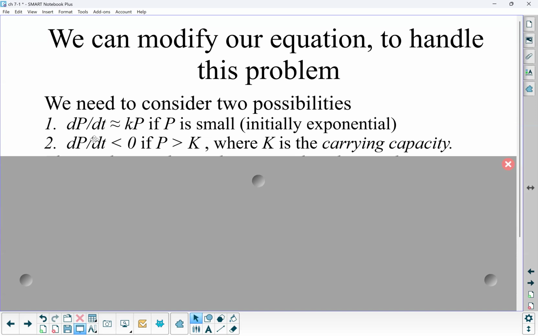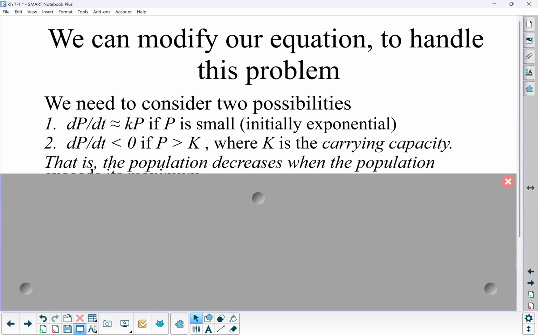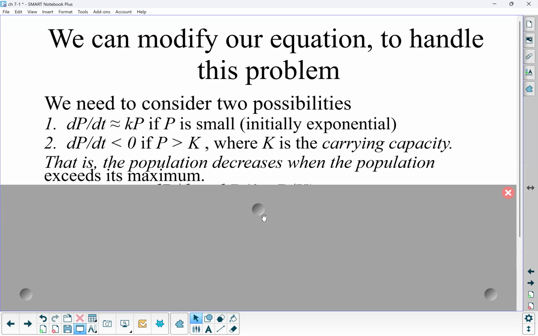Then the change in population with respect to time is negative if our population is ever greater than some value k. We call k the carrying capacity, the maximum population that an environment can support. In other words, the population decreases when the population exceeds the carrying capacity, or the maximum.